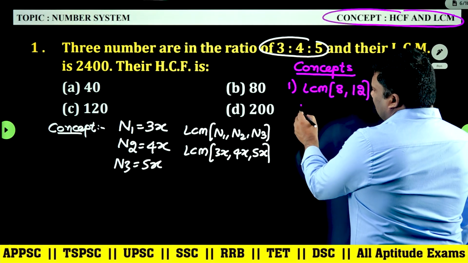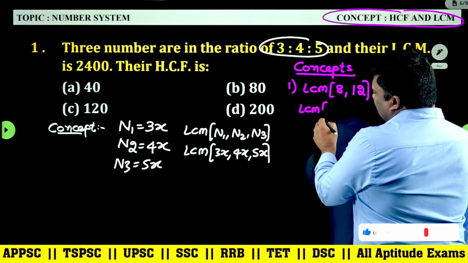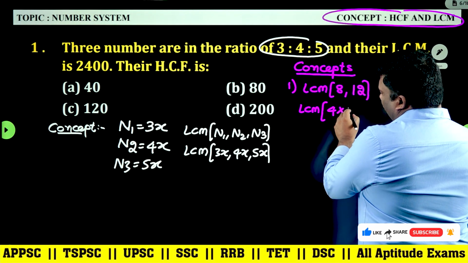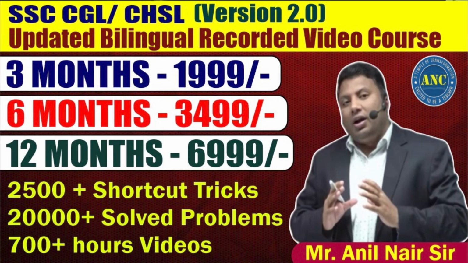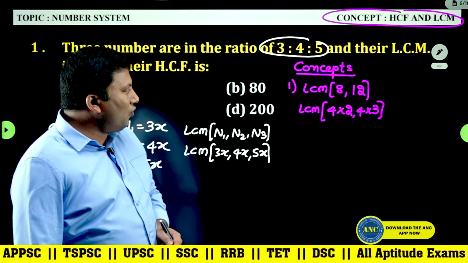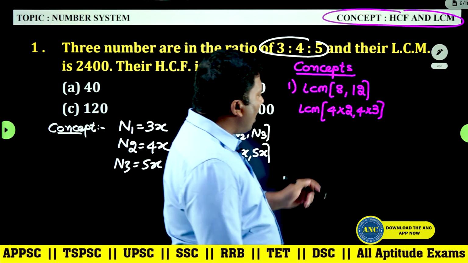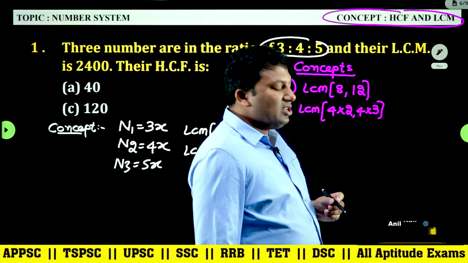Now for 8 and 12, what is the common factor? 4. 8 can be written as 4 into 2, and 12 can be written as 4 into 3. What is common in both of them? 4.